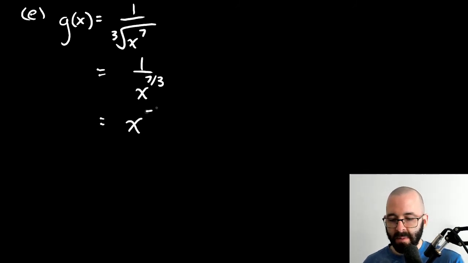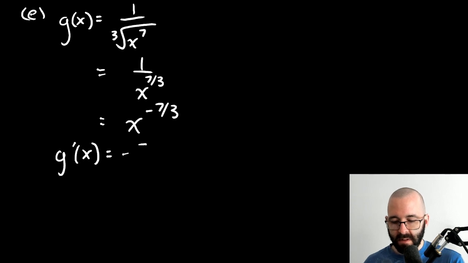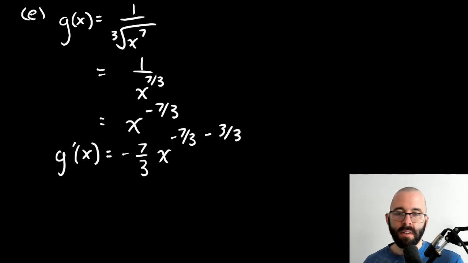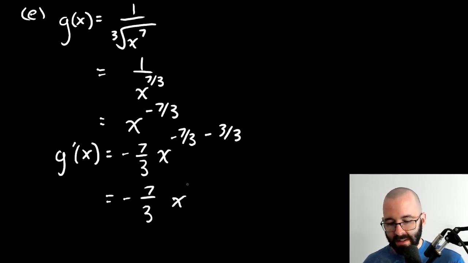And then again, that means it's -7/3, and we can use the power rule here. g prime of x equals -7/3 times x to the same exponent, minus 1. 1 is the same as 3/3. We get -7/3 times x to the -10/3.